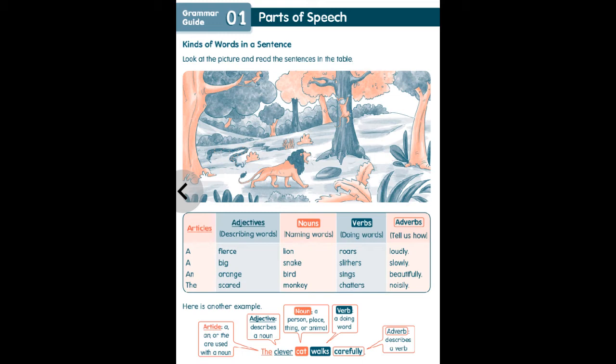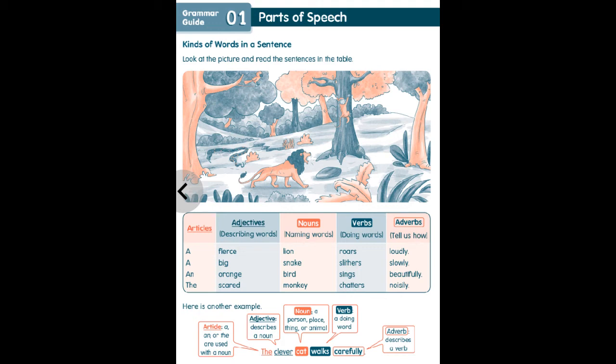Verbs, doing words: roars, slithers, sings, chatters. Adverbs, that tell us how: loudly, slowly, beautifully, and noisily.